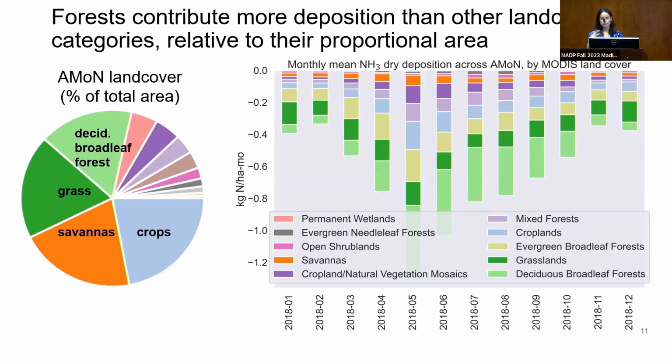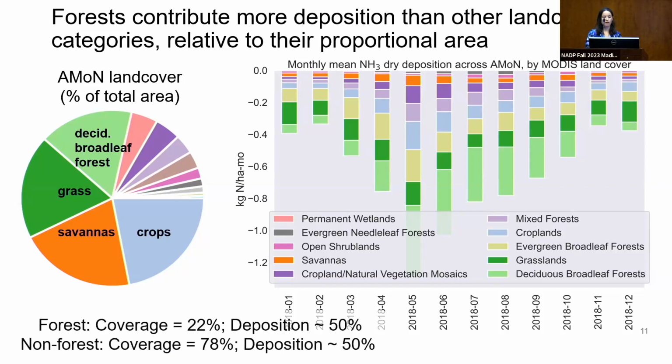On the right-hand side, that doesn't necessarily manifest in a smaller contribution to depositional fluxes, and the light green color representing the deciduous broadleaf forests is a really large contributor, especially in the summertime when there's greening and high leaf area index. Overall, forests by land area cover about 22% and non-forested areas are 78%, but that being said, forests contribute roughly half of the deposition across AMON.